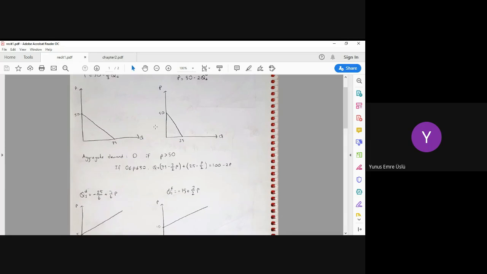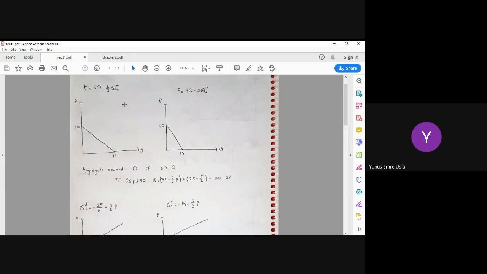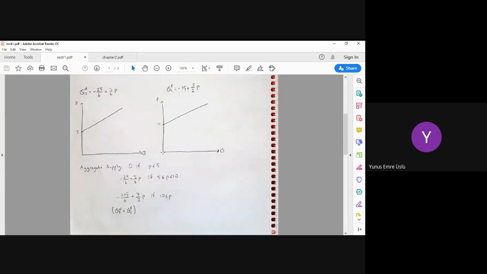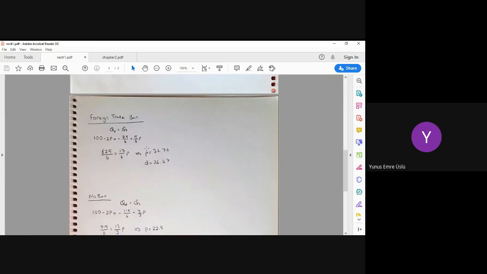If the price is 36.5, it's less than 50, so both types of consumers demand that good. So for the demand side, we are good. And the price is over 5, so the domestic suppliers are willing to produce that good. So this is our equilibrium answer if there is a ban on foreign trade.